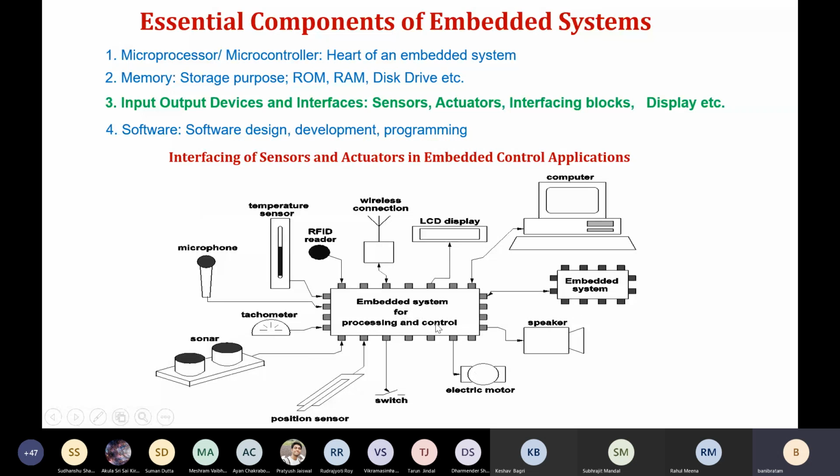The embedded system output goes to the actuators, such as a switch, electric motor, or speaker, and acts as their input. You can clearly see the inward and outward arrow directions. You can also have bidirectional data, since some embedded systems need to be interfaced with another embedded system depending on the application, or might even need to interconnect with a computer.